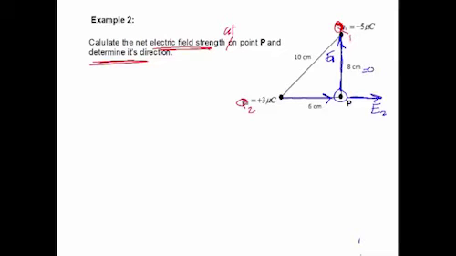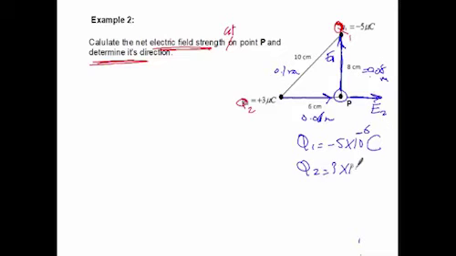This will be 0.08 meter, 0.1 meter, and 0.06 meter, dividing by 100. Our Q1 is in microcoulomb, so multiply it by 10 to the minus 6 to convert it to coulomb. As we did before, Q2 is 3 times 10 to the minus 6 coulomb, multiplying by 10 to the minus 6 to convert from microcoulomb to coulomb.